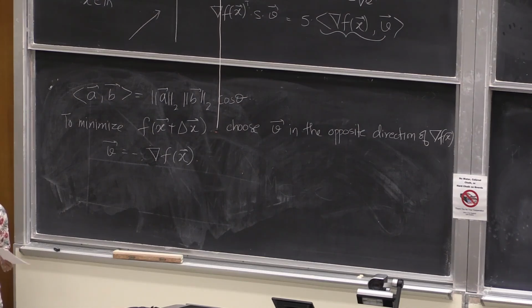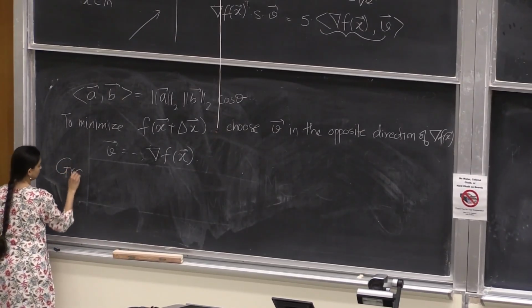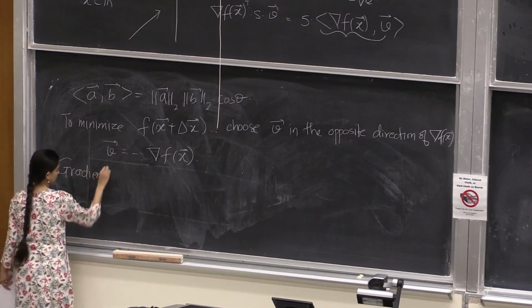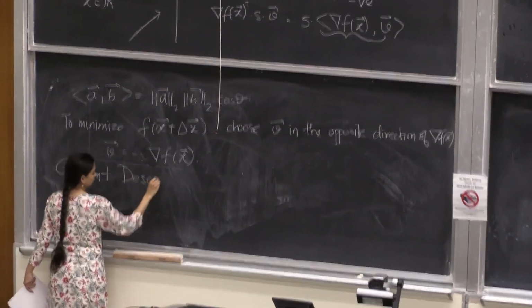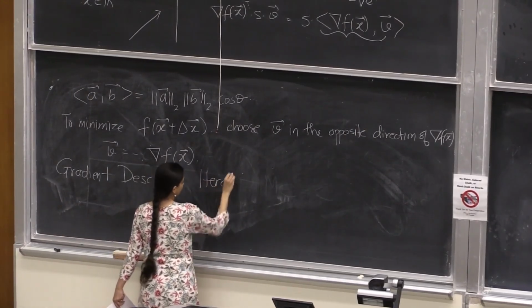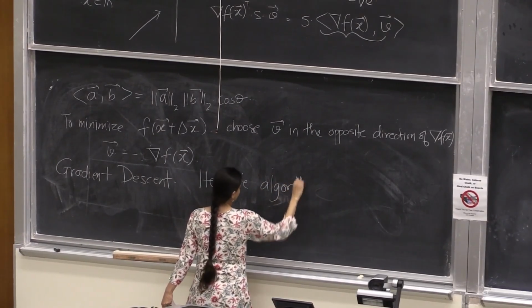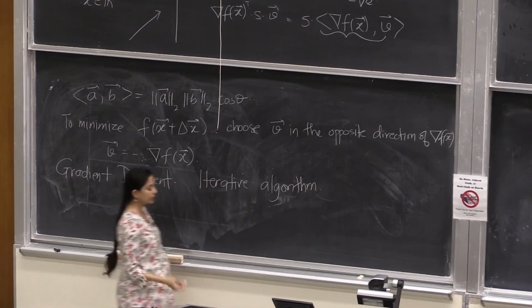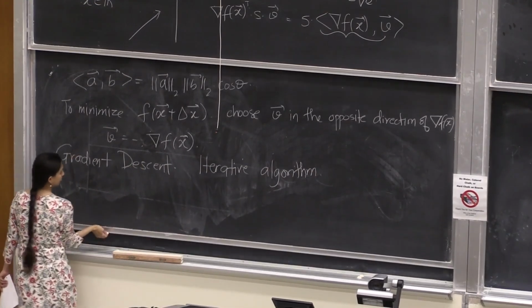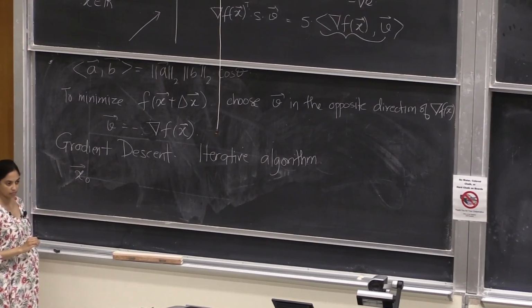descent in a way that we are moving in the direction of the negative gradient. So gradient descent is an iterative algorithm where, let's say, I start at some initial vector x0, okay?